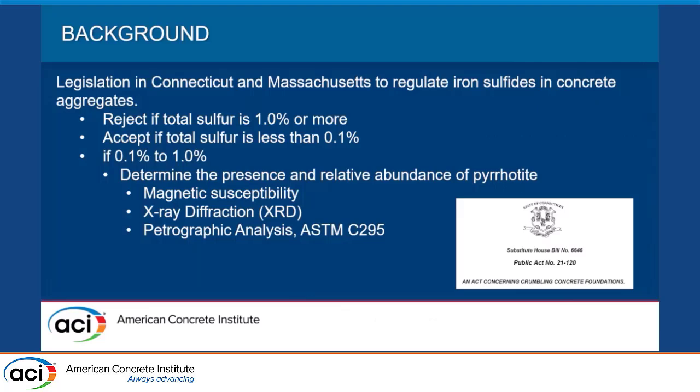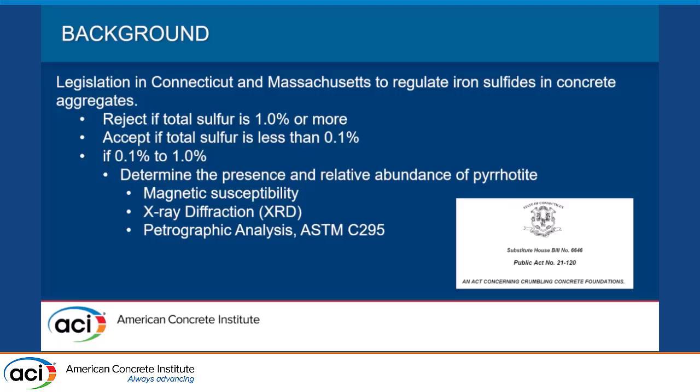So what has happened in the last few years is that Connecticut has initiated legislation for regulation of iron sulfides in aggregates. So if you're a concrete producer, you have to test your aggregates for total sulfur, identify how much is there.